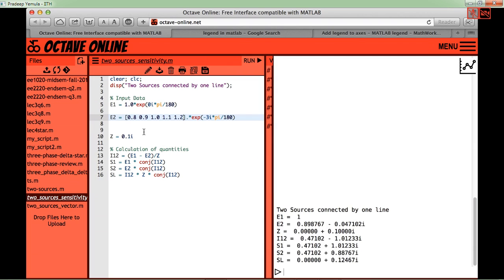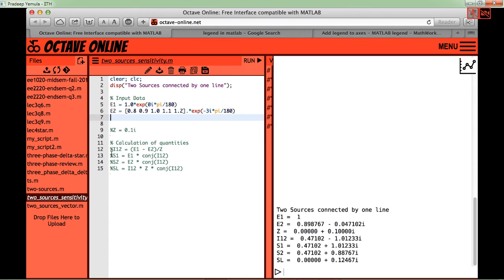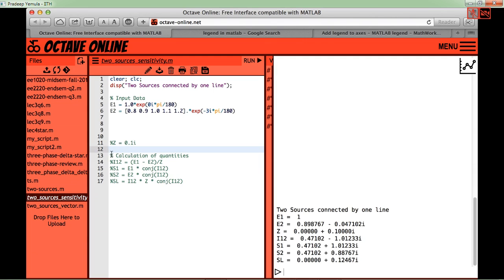Here E2 is 1, 2, 3, 4, 5 elements, 5 columns and 1 row. E2 is a matrix now. So I will comment out all the rest of the code. My program is only up to here, line number 6. Only this part if I run, also angle, let us keep angle as 0 degrees.